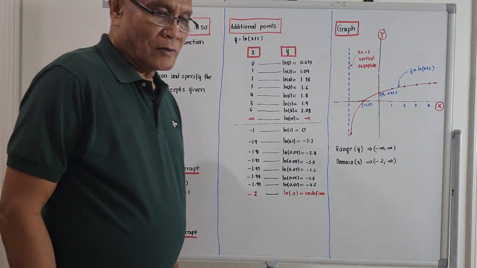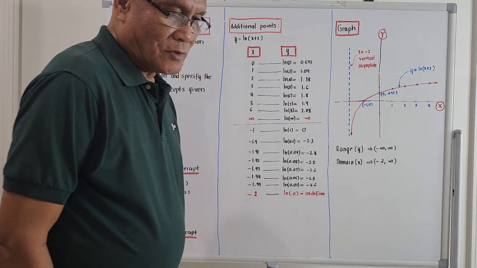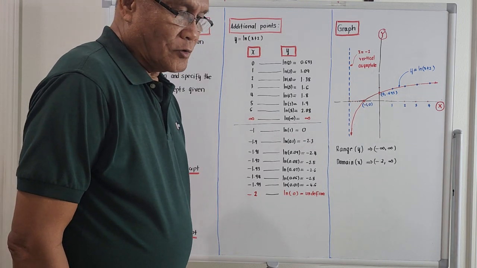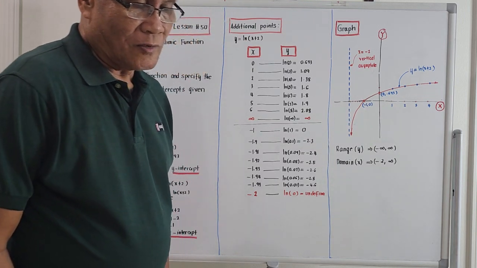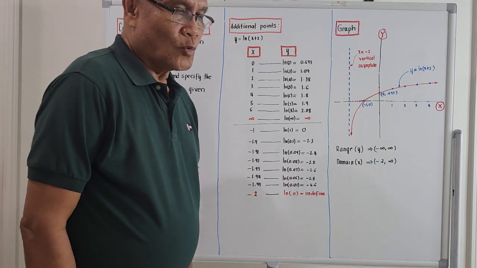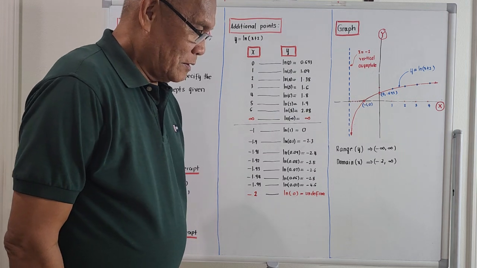I still remember that equation because in the practical exams under the study of analytic geometry when I was still studying in the Philippines, I was given the equation y equal to natural logarithm of x plus 3.